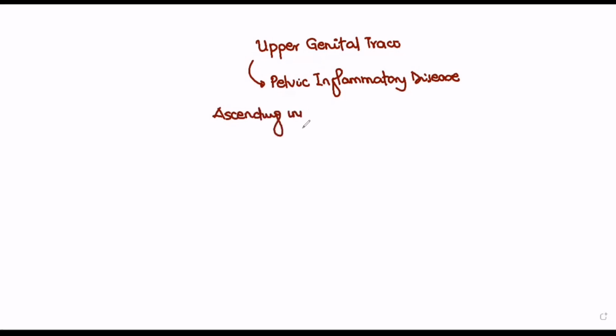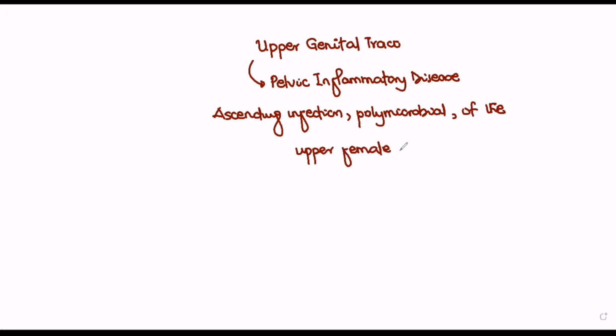It's an ascending infection, and the organisms are usually polymicrobial. But there are two implicated organisms, but usually it's polymicrobial. Ascending infection of the upper female genital tract.